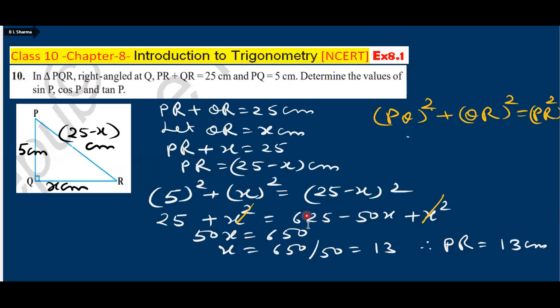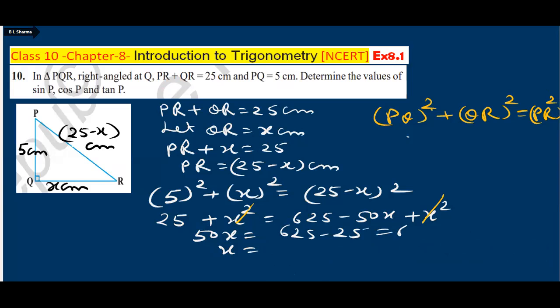Sorry students, here it will not be 650. When we change this, 625 minus 25, that will be 600. So 50X is equal to 600. X will be 600 upon 50, that is 12.